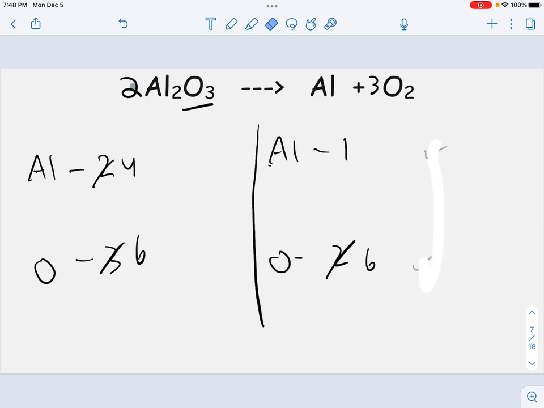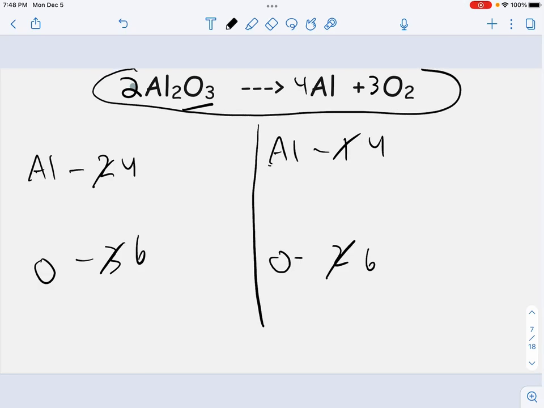So we've got to worry about aluminum on the right-hand side. So what I can do is to get 4 aluminums on the product side, I'm going to add a 4, okay, to Al. And by doing that, I now have aluminum balanced and oxygen is balanced. So this is the correct balanced equation, okay? Make sure you write that down.